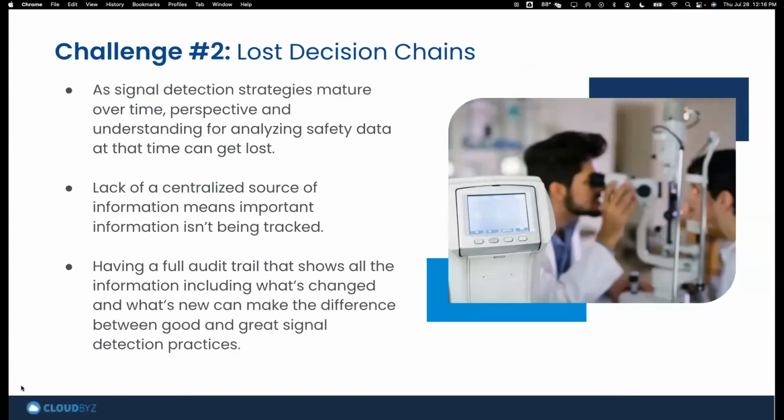The second one here is a lost decision chain. And this fits into having multiple disparate systems. As your signal detection strategies mature over time, and your teams are changing and growing, the perspective and the understanding for analyzing our safety data at the time can get lost.